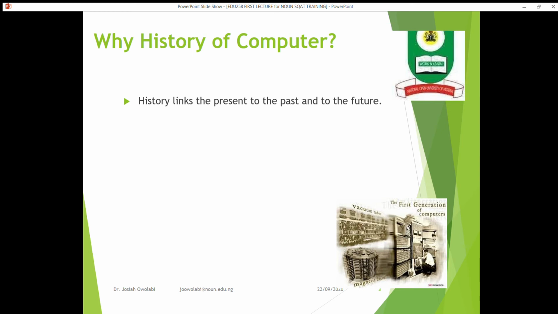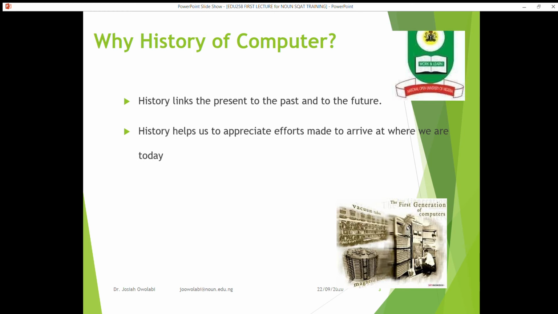History is going to link the present to the past and then to the future. If you know where we're coming from, if you know how the whole thing started, if you know the development that came because of the efforts of other people, then it will benefit you. It will change your orientation. It will inform what to do. It will help you to appreciate the efforts made by several people in order for us to arrive at where we are today, where with the click of a button, we're able to do quite a lot of things.